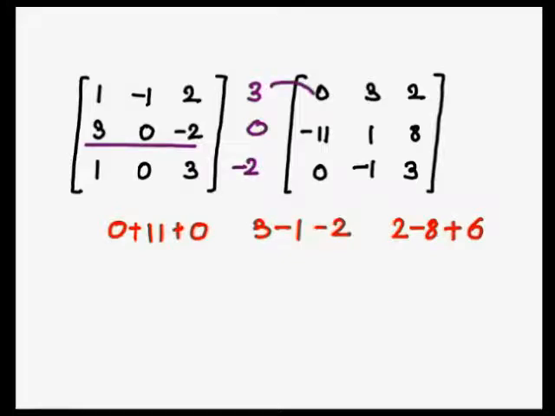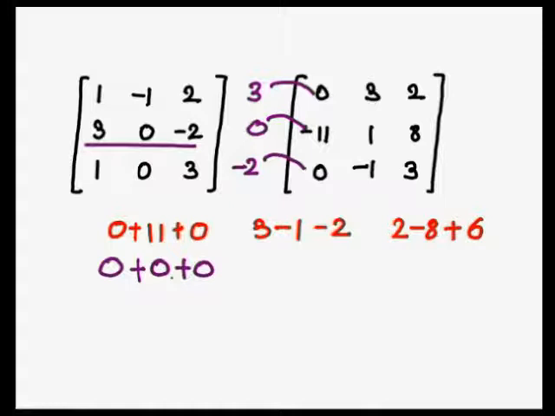Now we multiply 3 with 0, 0 with minus 11 and minus 2 with 0, which means we multiply the first row with the first column. So we get 0 plus 0 plus 0. Now any guess about this? Yes, you are right.